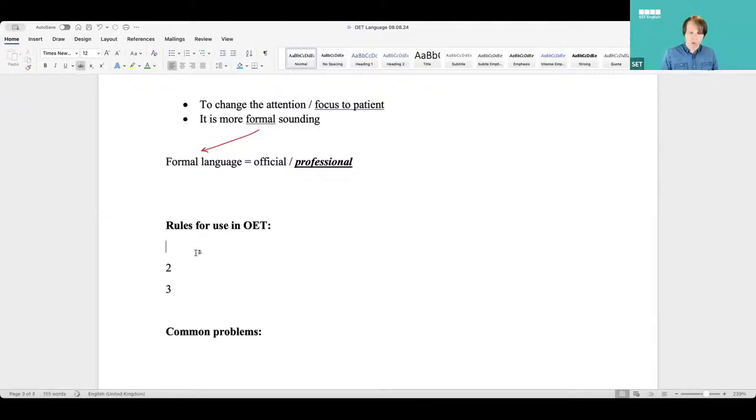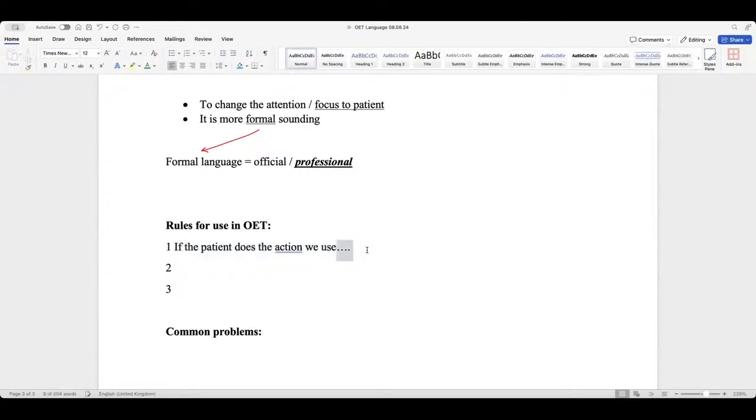Okay, let's make a rule then. The rule is this: if the patient does the action, we use active.